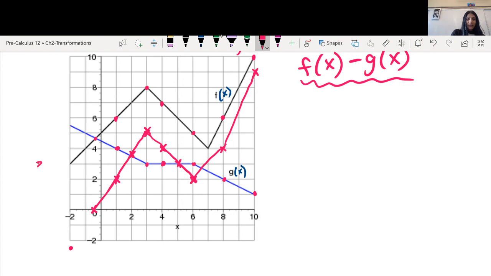It's going to be 3 minus 5.5. So that's actually at negative 2.5. So this would be headed downwards in this direction.